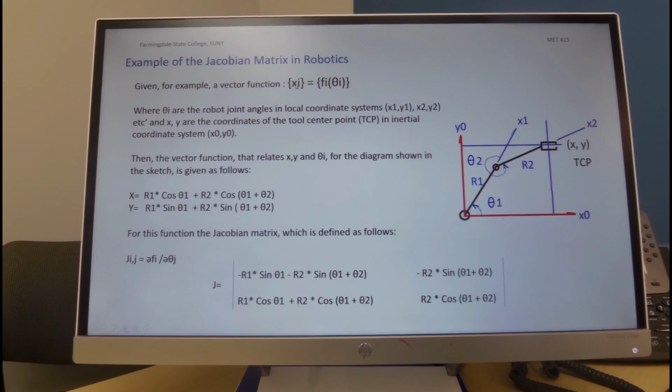Then we can write an expression of x and y as a function of theta 1 and theta 2. And we see that expression here.